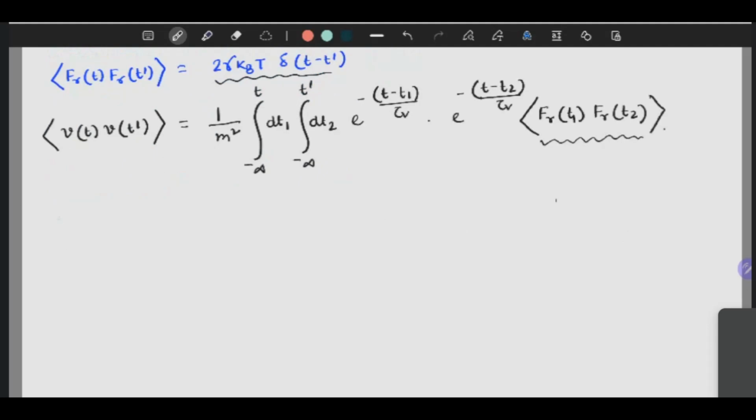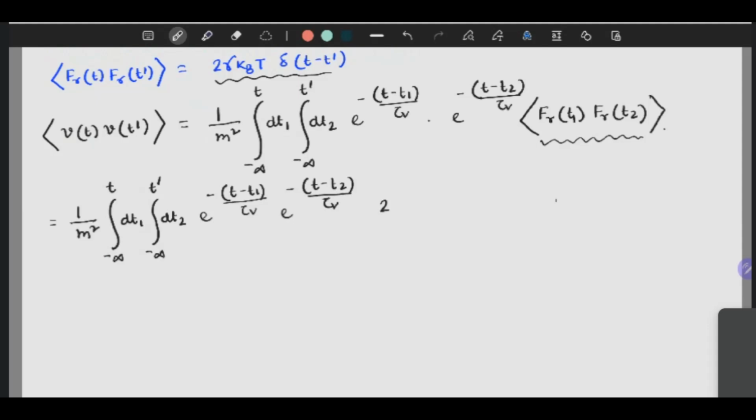So if you write that, it becomes 1 by m squared, integral from minus infinity to t dt1, integral from minus infinity to t' dt2, e to the power minus (t minus t1) by tau_v, e to the power minus (t' minus t2) by tau_v, and this one will be 2 gamma k_B T delta(t1 minus t2).